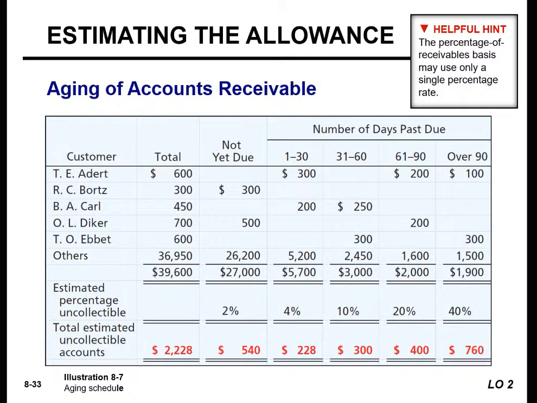And here's a representation of that. The analysis of it is often called aging the accounts receivables. After the accounts are arranged by age, the expected bad debt losses are determined by applying percentages based on past experience to totals of each category. We see that right here.